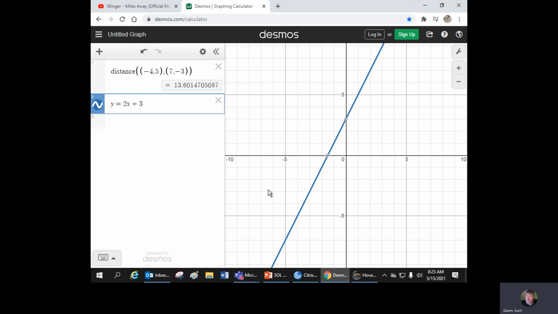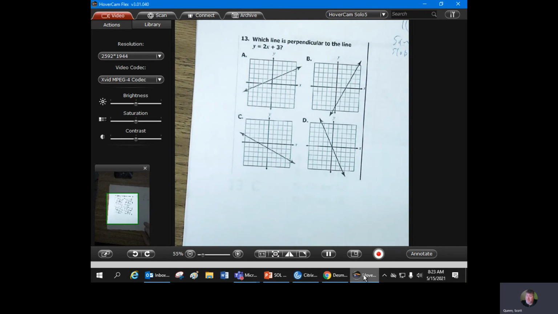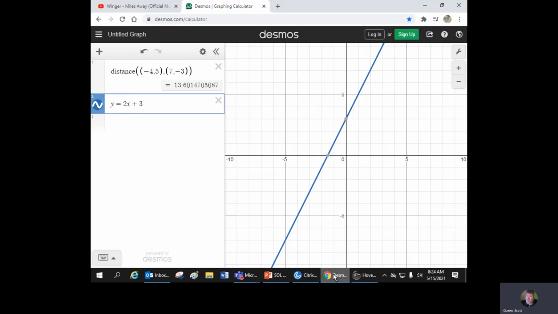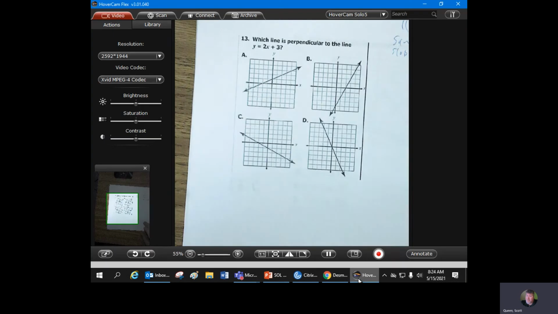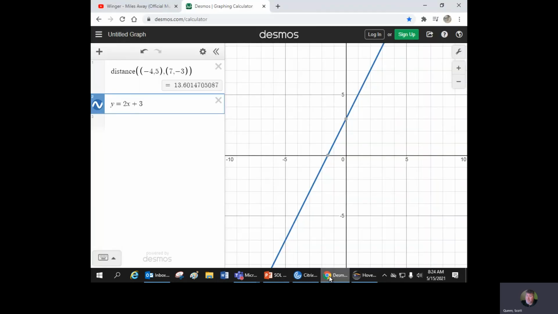Now, if you look at your calculator and see this line, and then you come back and you look at this sheet, you can eliminate stuff right now, okay? Since that line is a positive slope, there is no way it's going to be A. There is no way it's going to be B, okay? That leaves us with C and D, all right?